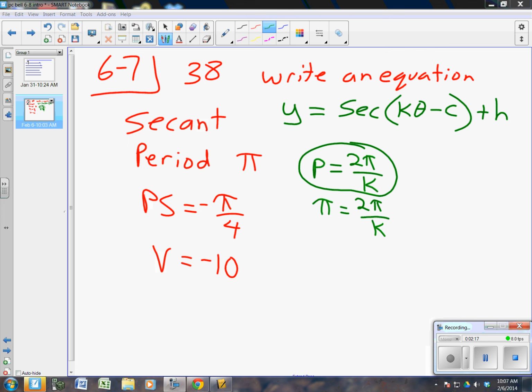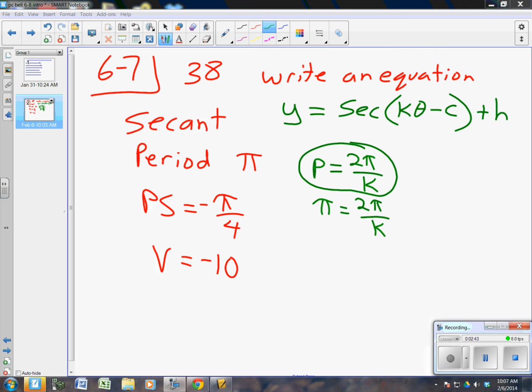So when you do this for the other assignment, for tangent and cotangent functions, instead of using p equals 2 pi over k, you're going to use p equals pi over k because the period of a tangent or cotangent function is pi rather than 2 pi.